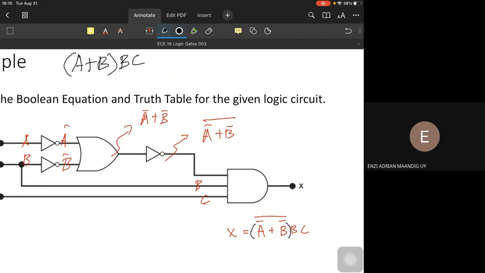An unsimplified final answer. If you advanced ahead, yeah, the bars cancel.